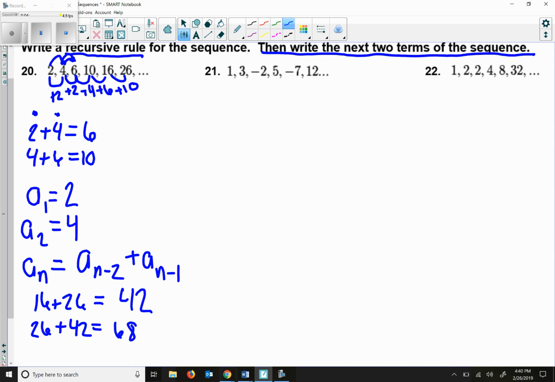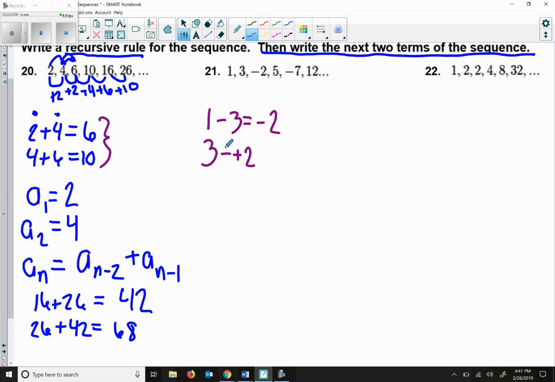How am I supposed to figure that one out? Again, it's just a matter of this time, the last one you were adding. For this one, you are taking the previous 2 terms and subtracting them. So 1 minus 3 gives you negative 2. 3 minus negative 2.